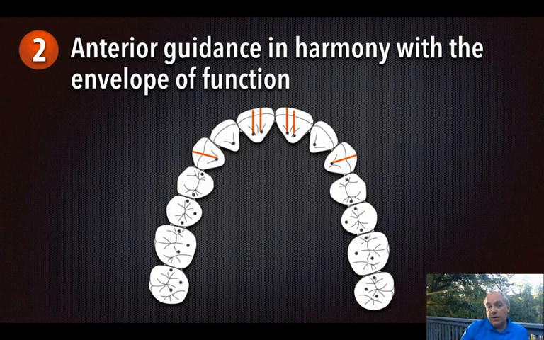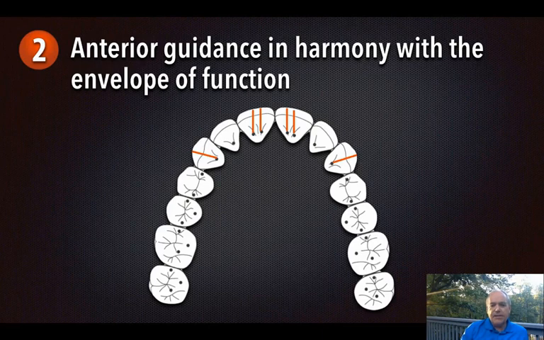The second thing we want to look for is this concept of anterior guidance in harmony with the envelope of function. So as we leave our home base where everything's contacting, as we slide into a protrusive stroke or a left or right lateral movement, we want to make sure the back teeth disclude.